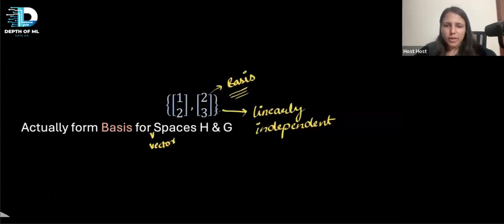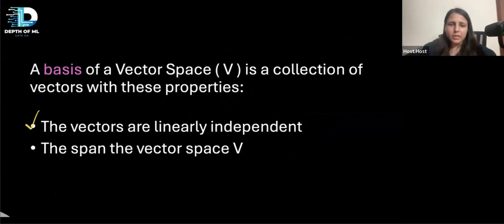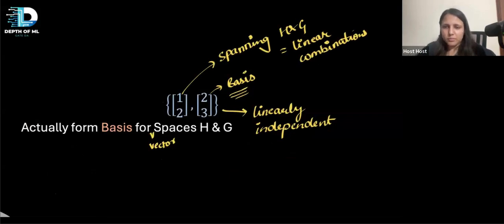So they are already spanning H and G. Correct? So this is indeed a basis. Does anybody have an issue with this, that no, this is not a basis, we cannot call this a basis? Understood, right? All clear? Okay.